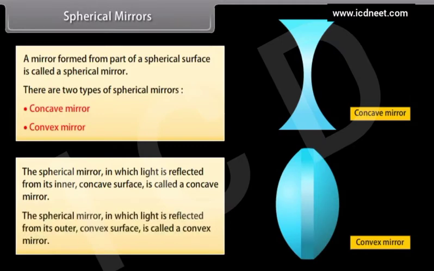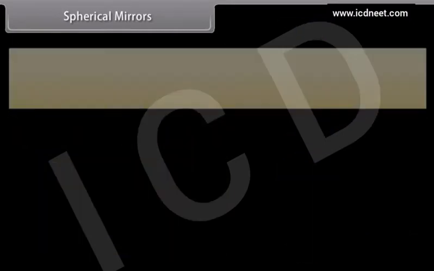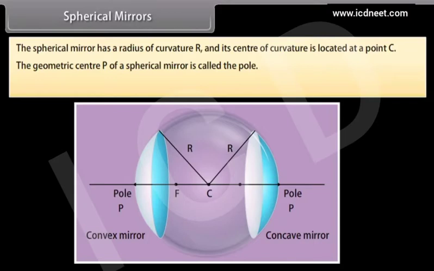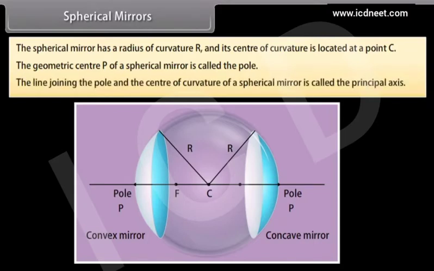The spherical mirror in which the light is reflected from its outer convex surface is called a convex mirror. The spherical mirror has a radius of curvature R and its center of curvature is located at point C. The geometric center P of a spherical mirror is called the pole. The line joining the pole and the center of curvature of a spherical mirror is called the principal axis.